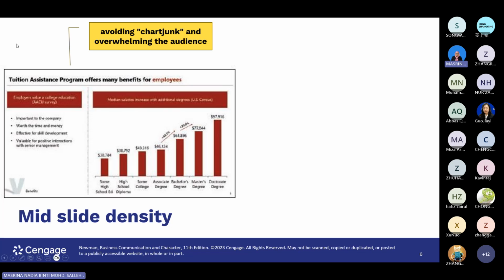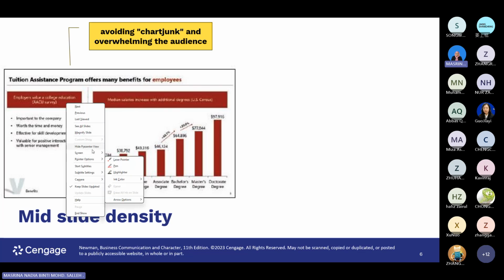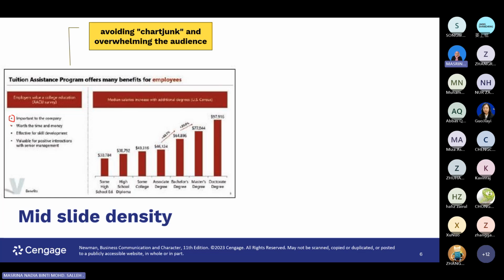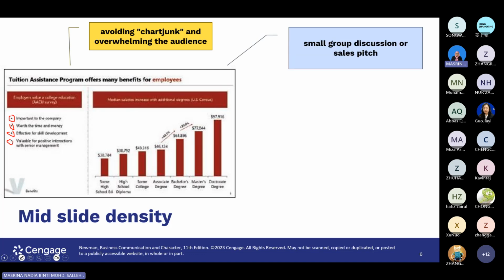You can see that this design uses bullet points, which were used to summarize the key benefits while retaining the bar chart. This type of design is suitable for small group discussions or a sales pitch.